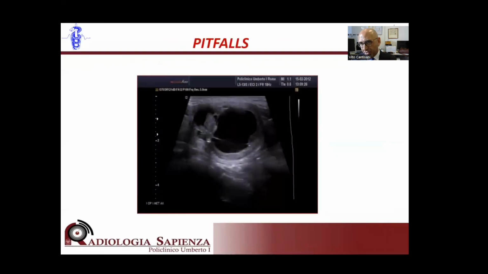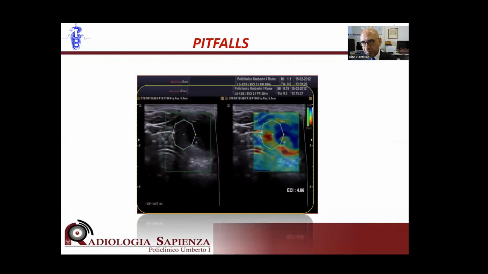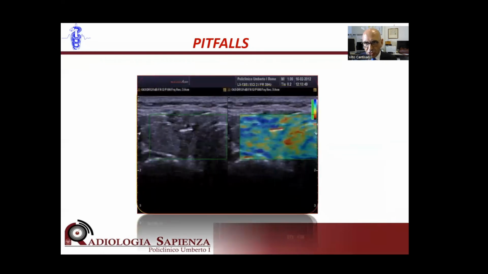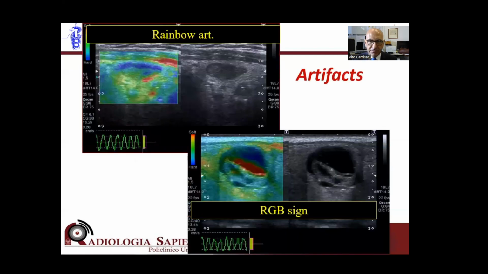Again, just to remind you of some possible pitfalls corresponding to tense cystic areas, gross calcification. In those cases, I would recommend not to apply ultrasound elastography.